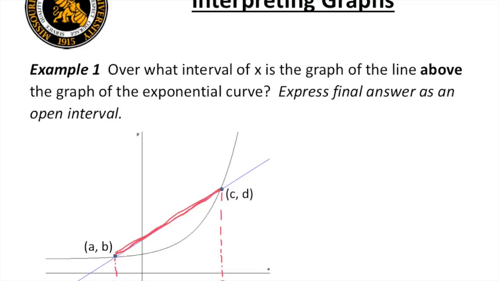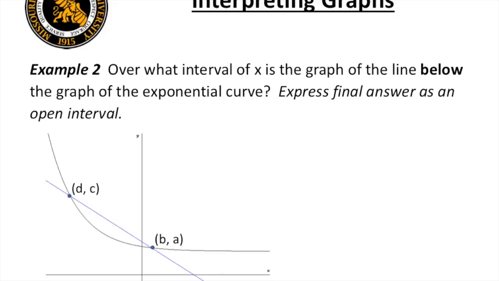And for all the x values in between, the line is above the graph of the exponential curve. So the interval of x, where the line is above the exponential curve, is the interval from a to c, not including those endpoints, because the instructions say express final answer as an open interval.